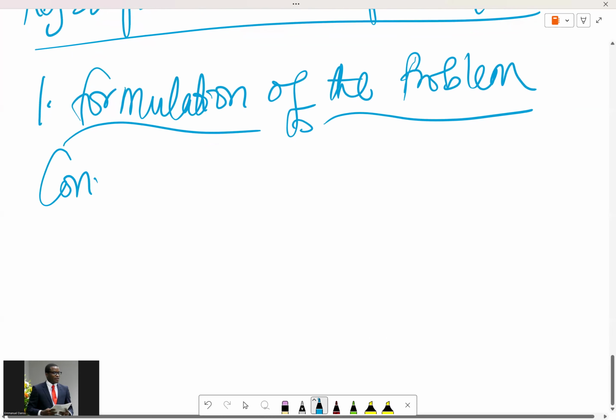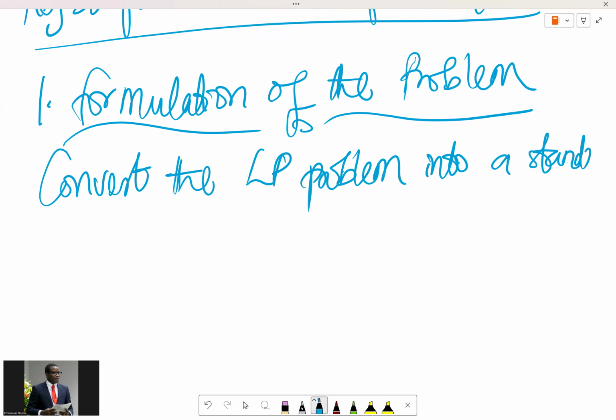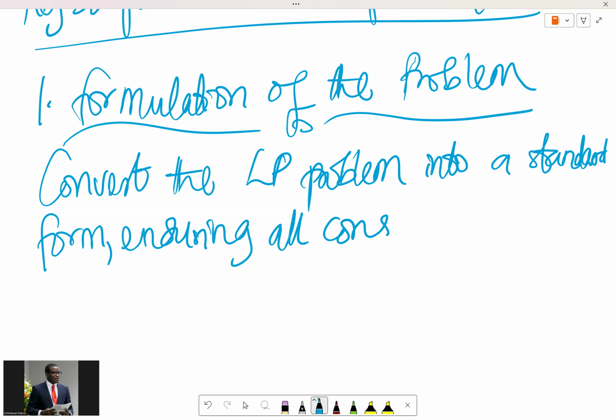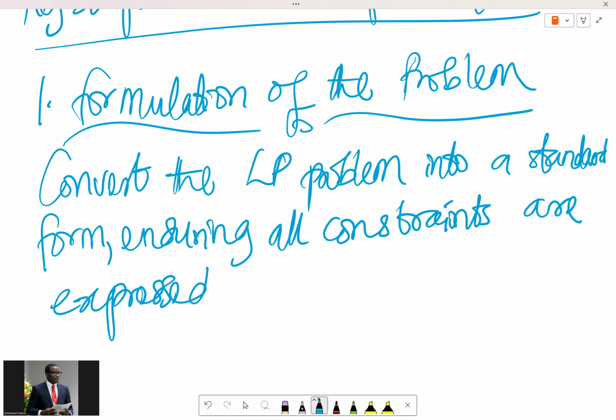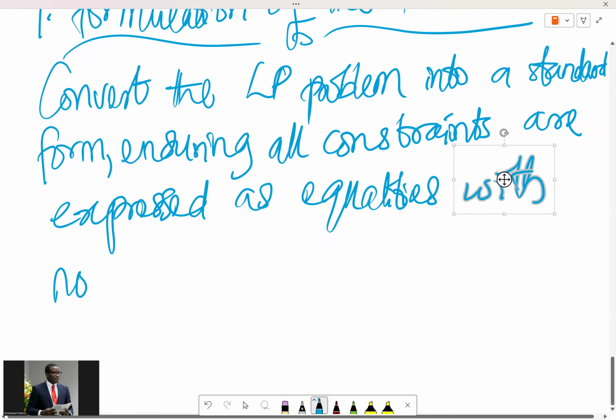Beyond the formulation, you have to convert the linear programming problem into a standard form, which I'll talk about in a moment, ensuring all constraints are expressed as equalities with non-negative variables.